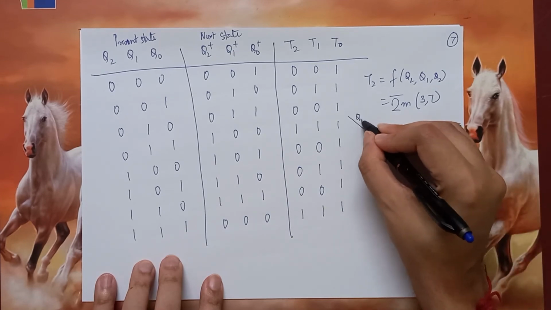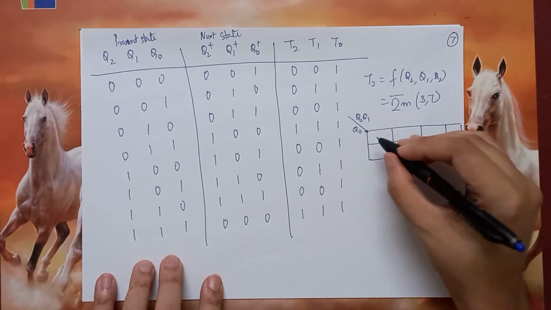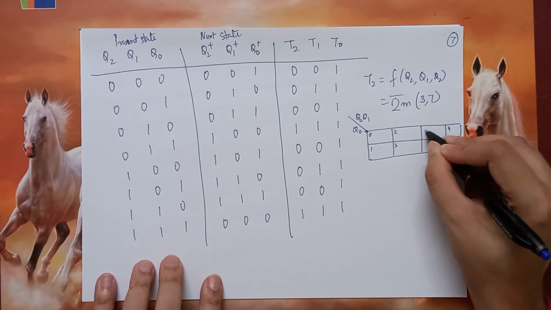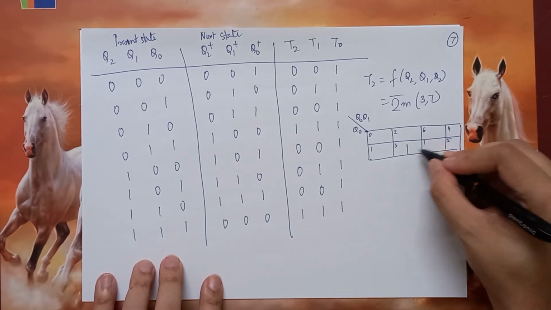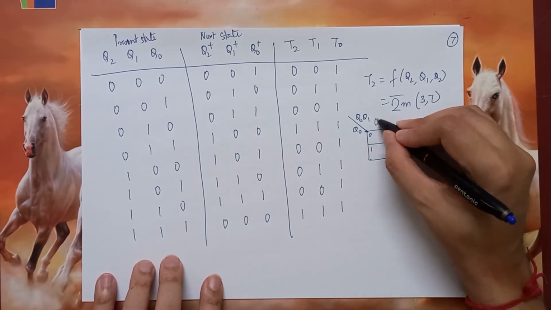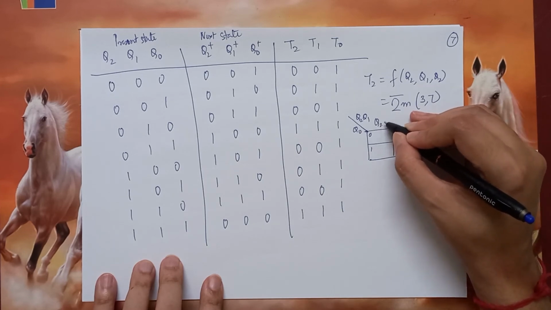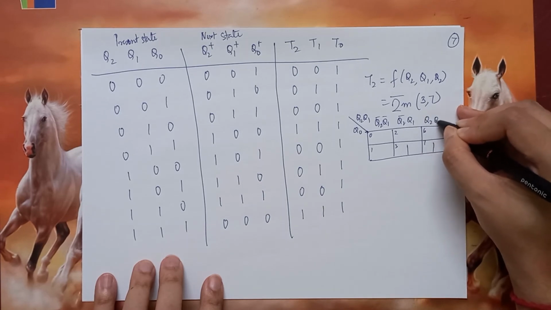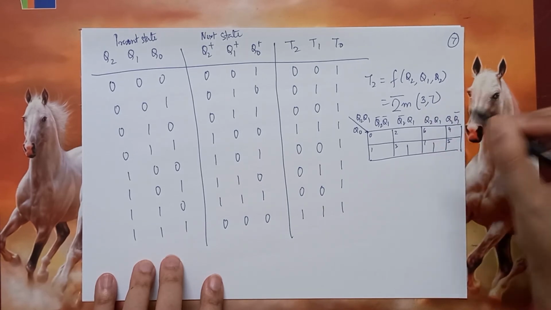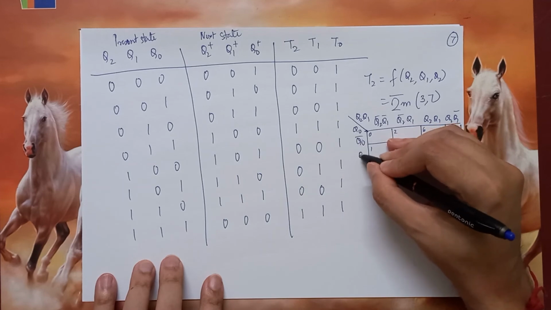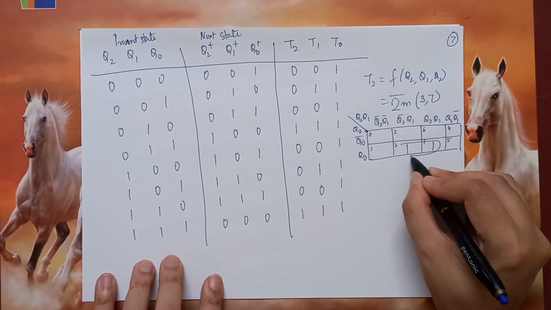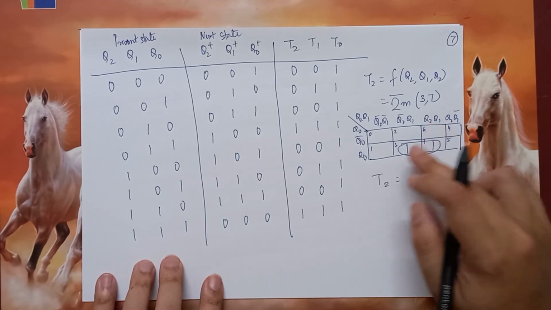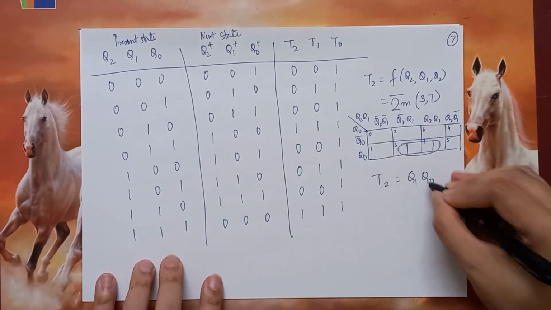We'll call this Q2, Q1 and Q0: 0, 1, 2, 3, 4, 5, 6 and 7. So 3 and 7 are 1. I can make a group of these two ones. Therefore T2 will be Q1 Q0.